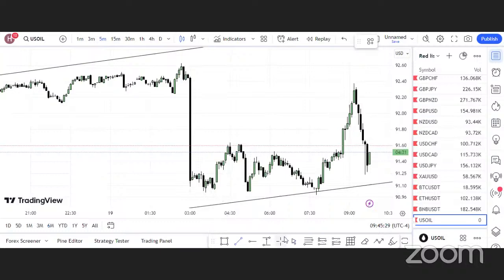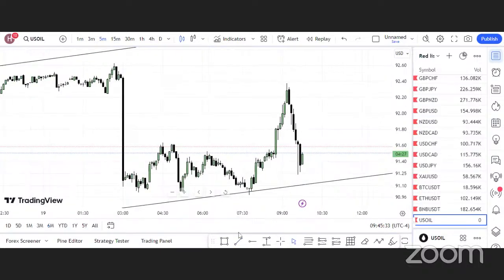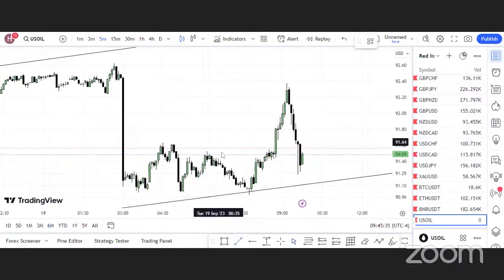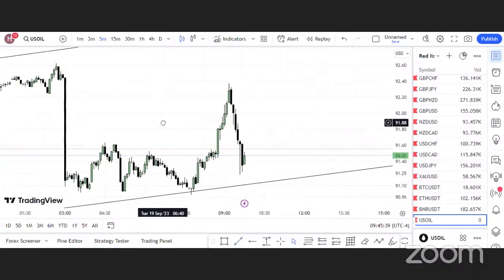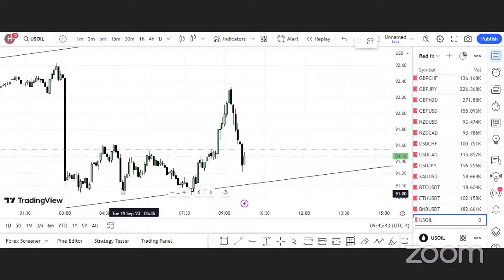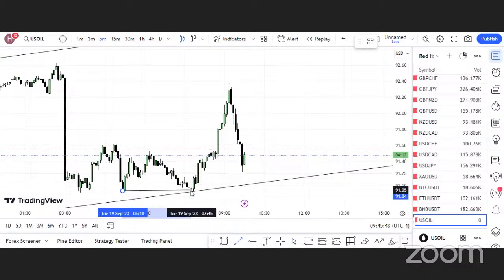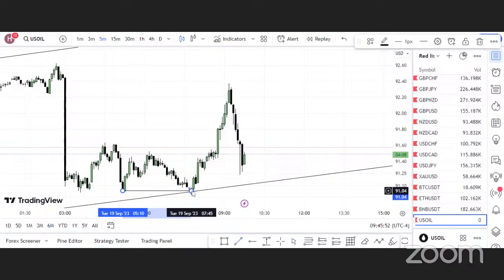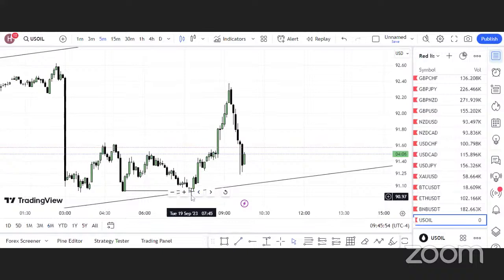This is the 5-minute time frame. The market is moving towards the other channel, the lower channel, the support trend line. It's moving close to it, and then I have a liquidity here.